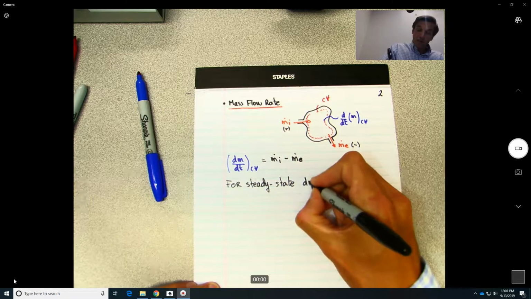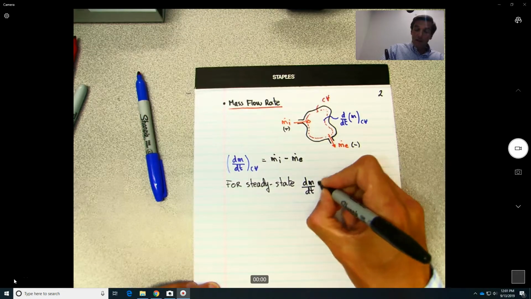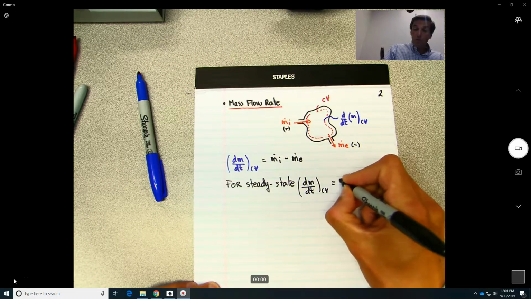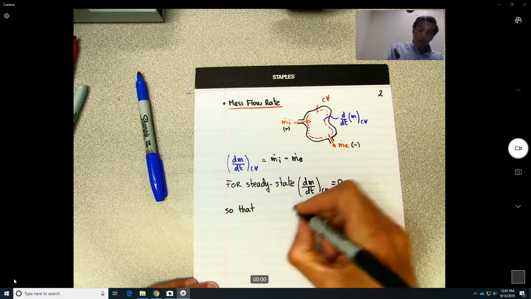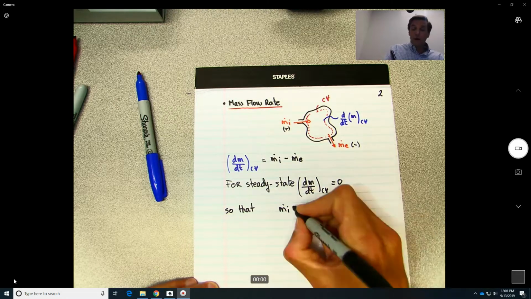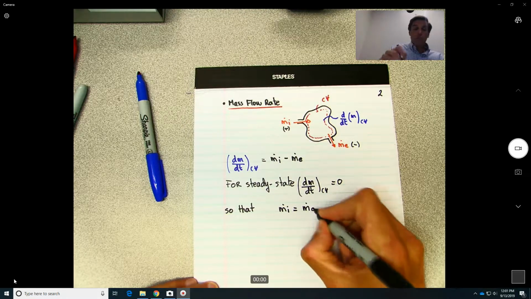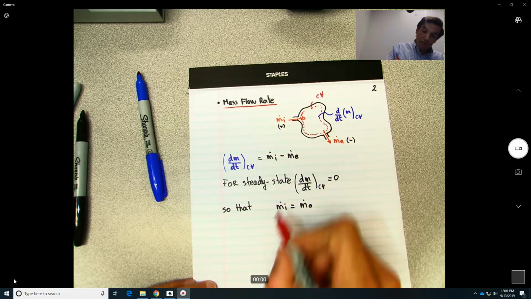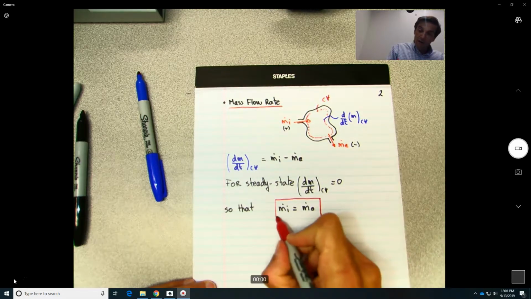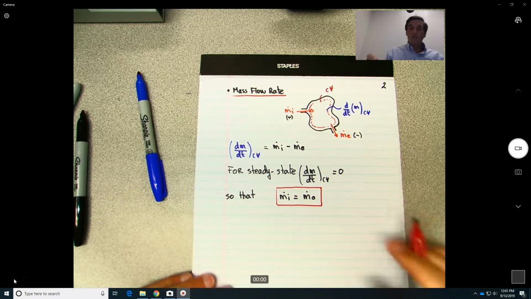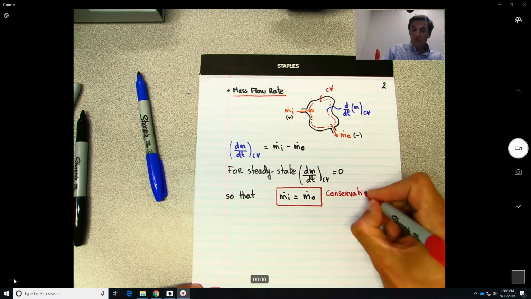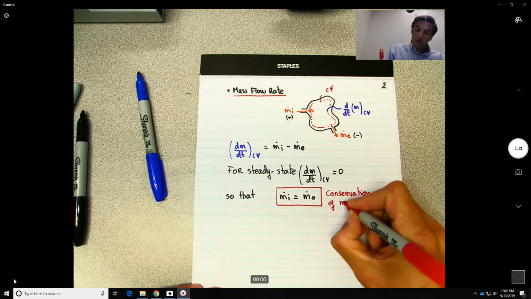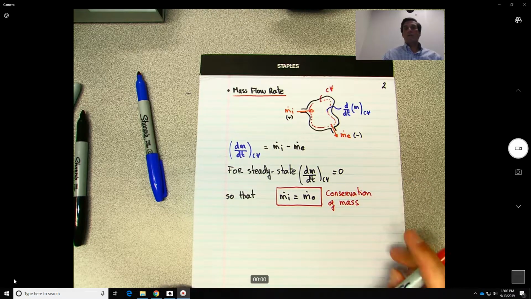So dm/dt for the control volume will be equal to 0. The amount of mass flow going in needs to be equal to the amount of mass flow going out. And this is known as the conservation of mass.